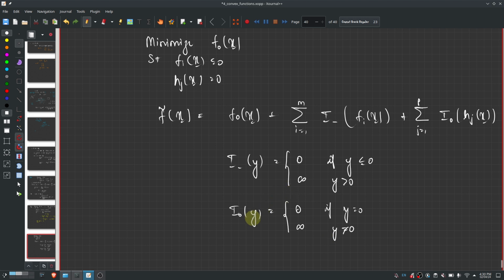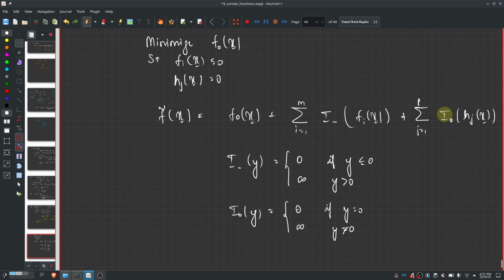Okay. So this ensures that if I pick a particular x which does not satisfy the constraints, then what is the right hand side equal to? Even if one of the constraints is not satisfied, it will be equal to plus infinity, right? Because if one of the constraints is not satisfied, either fi of x is greater than 0 for some i, or some hj of x is not equal to 0.